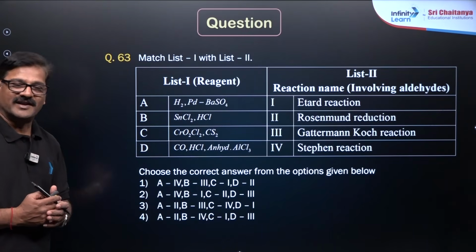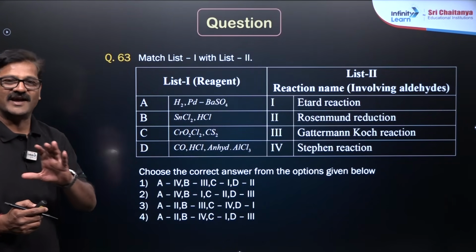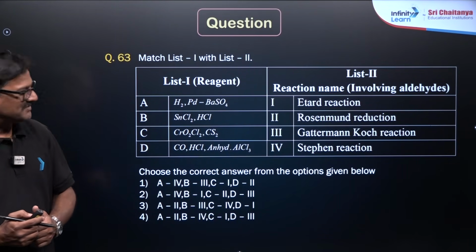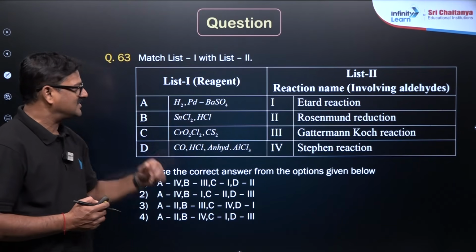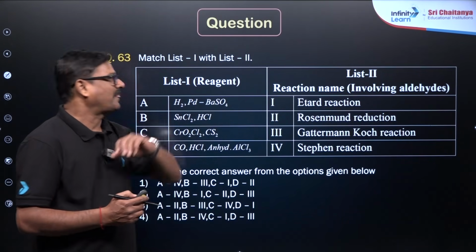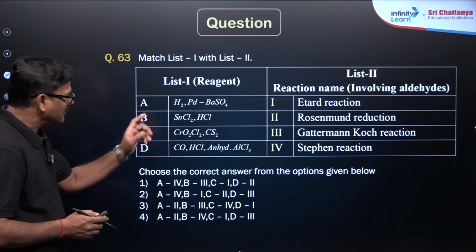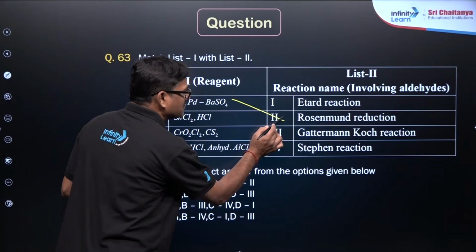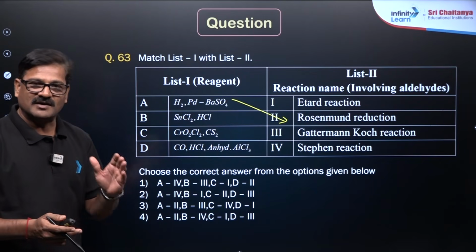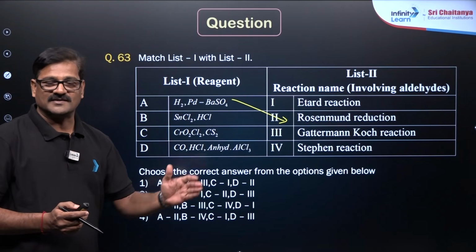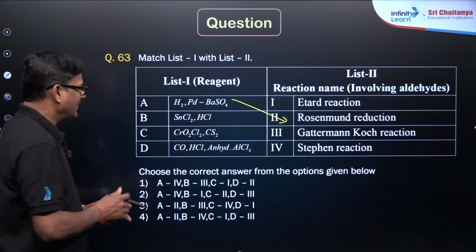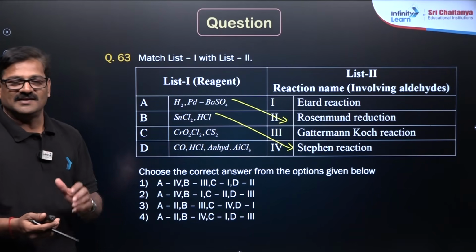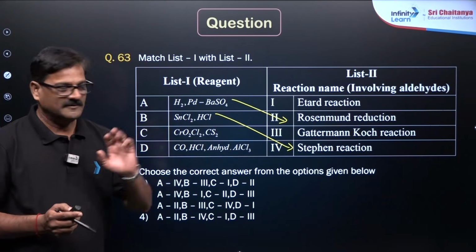Children, this is about the various named reactions, given as direct reagent-based named reactions in organic chemistry. Here a list of reagents is given and a list of named reactions is given. Whenever H2, Pd-BaSO4, it is going to be Rosenmund reduction. In the Rosenmund reduction, acid chloride is going to give aldehyde. SnCl2 and HCl is going to be Stephen reduction. Cyanide is going to give aldehyde.